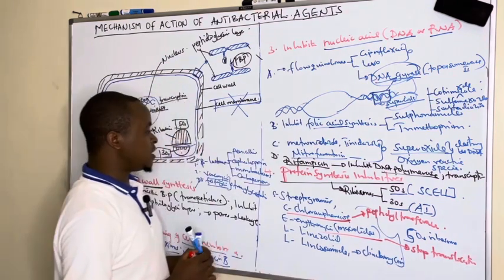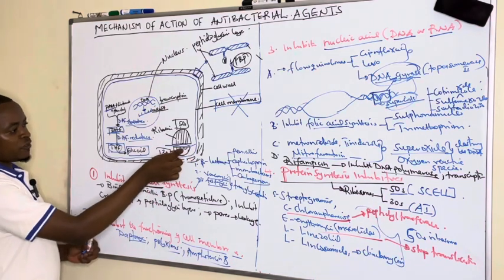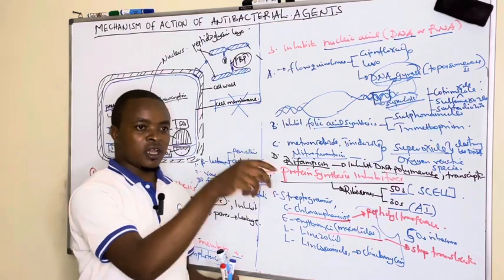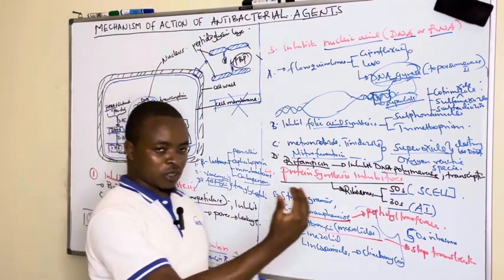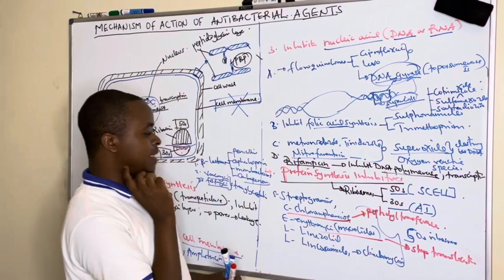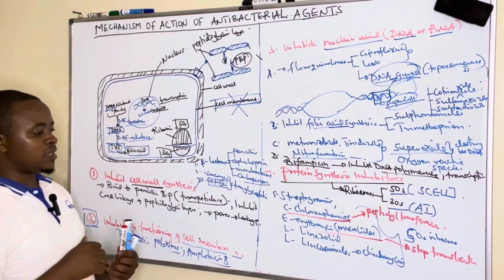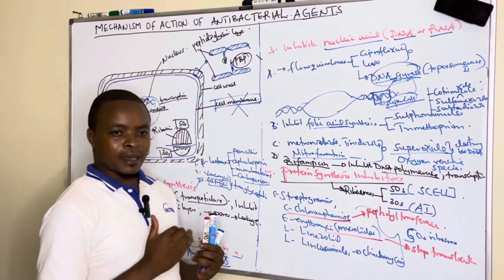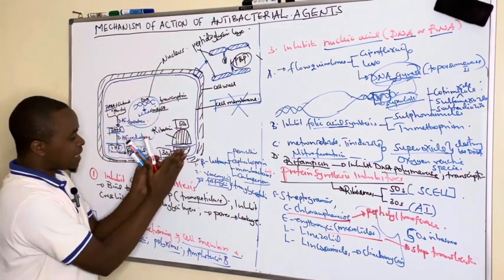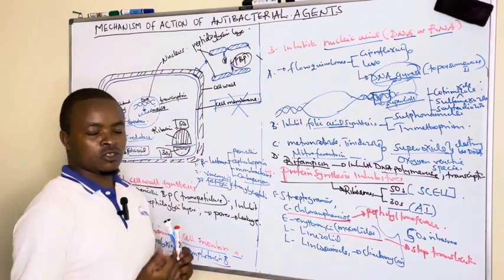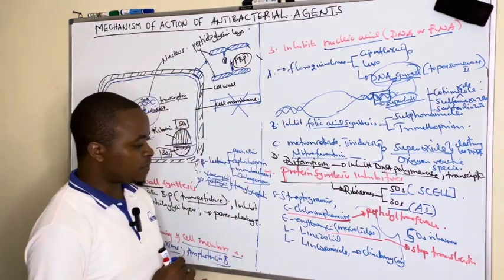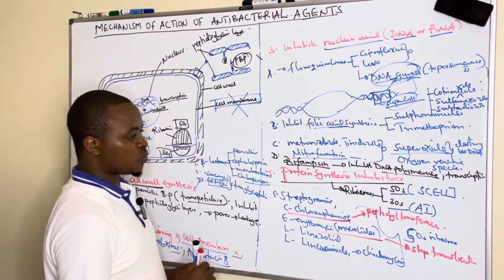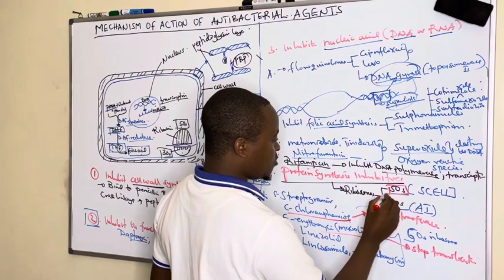As we know, during translation, after adding an amino acid, the ribosome moves one step ahead, adds another amino acid, and translocates one step ahead. So what macrolides do, that is erythromycin and azithromycin, they inhibit the movement of the ribosome. So it becomes stuck in one place and we cannot continue to synthesize the polypeptide chain. So this is what we can talk about under 50S, those that target the 50S ribosomal subunit.